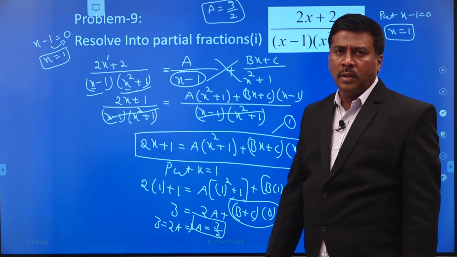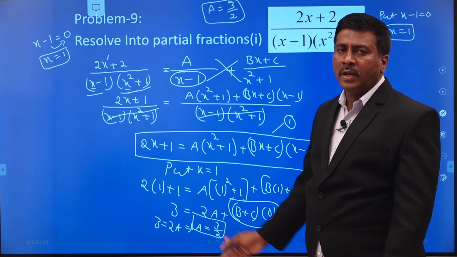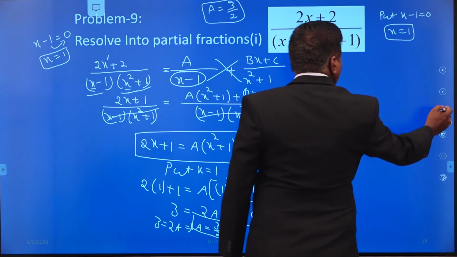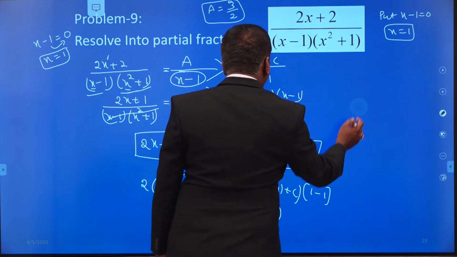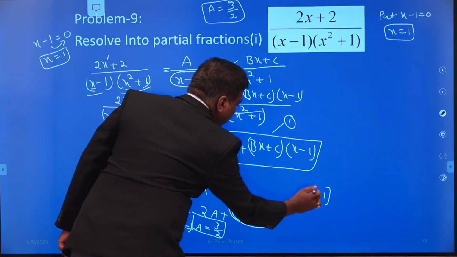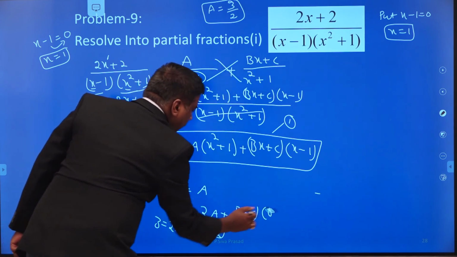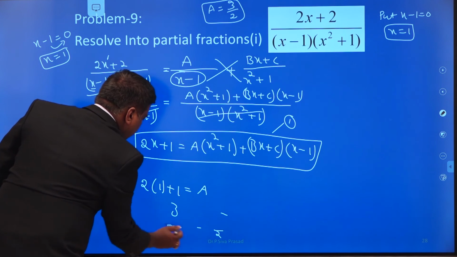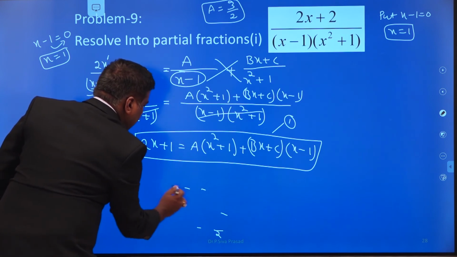This is another technique for finding the values for B and C.